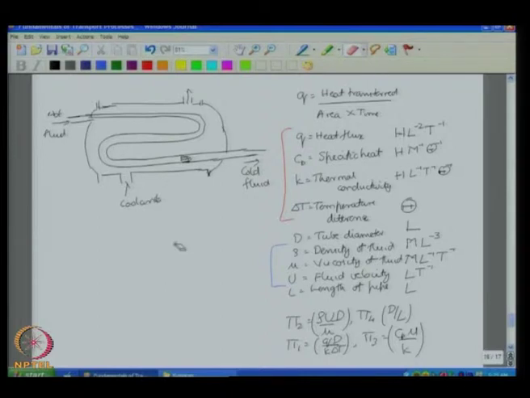So, I can write this pi 1, q d by k delta t, is equal to some function of rho u d by mu, C p mu by k and d by L. So, now I have only 4 dimensionless groups to vary, and by varying these 4 dimensionless groups suitably, I can find out what the relation is between the heat flux and these other quantities. So, I have reduced it to a parameter space involving just 4 parameters.